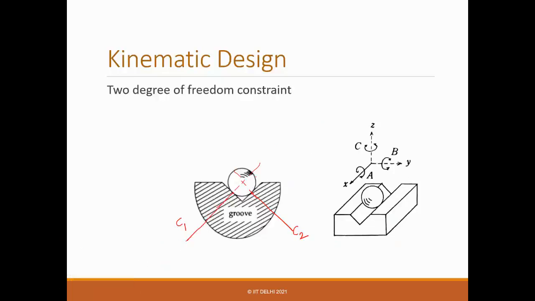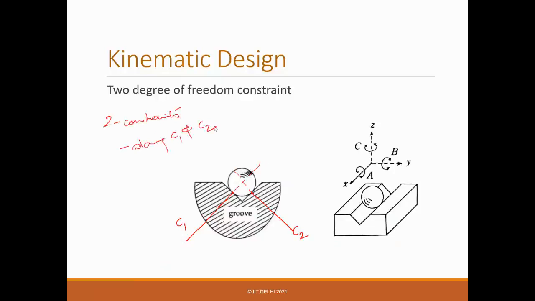So if I see the motion for this ball, assuming that contacts C1 and C2 are made, what are the 2 motions? So 2 constraints means 2 motions should not be possible, right? And those are along C1 and C2.